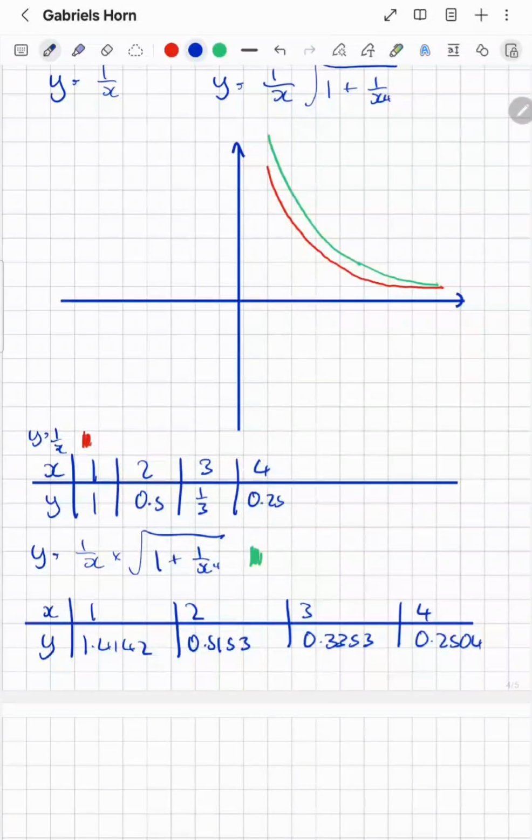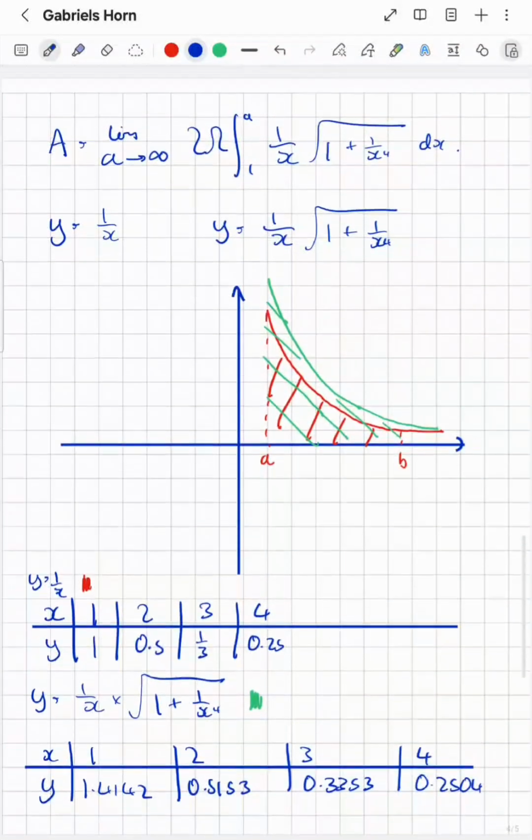So what does this mean? Well, when we integrate, we find the area underneath the curve. And clearly, the area underneath the curve for the red line between two given points, let's say A and then B here, is less than the area underneath the curve for the green line, because 1 over x multiplied by the square root of 1 plus 1 over x to the 4 is greater than 1 over x.